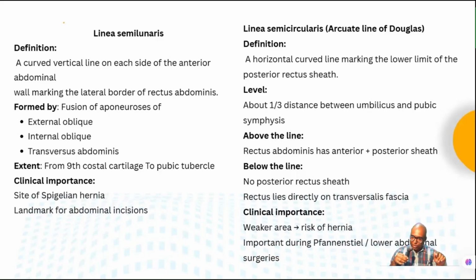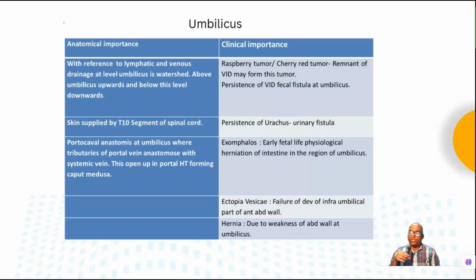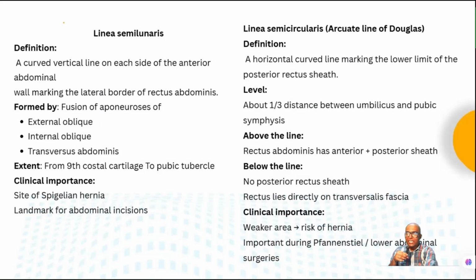Rectus lies directly over the fascia transversalis. So the clinical importance is that it is a weaker area. There is a risk of hernia, and it is important during lower abdominal surgeries. Okay. So I hope you have understood the difference between the linea semilunaris and linea semicircularis.